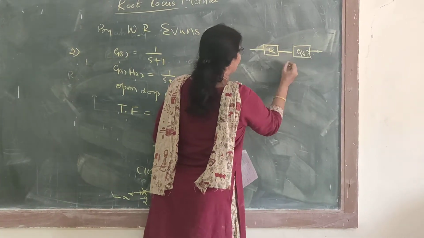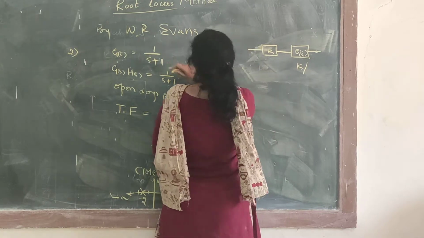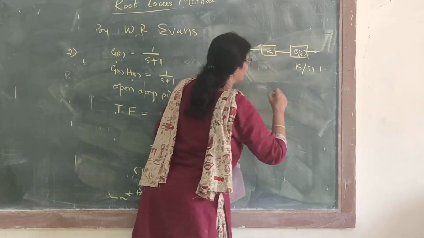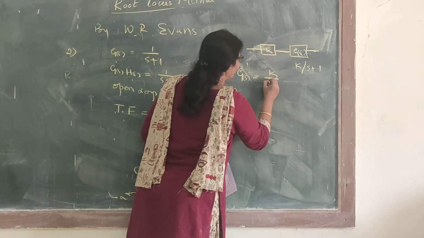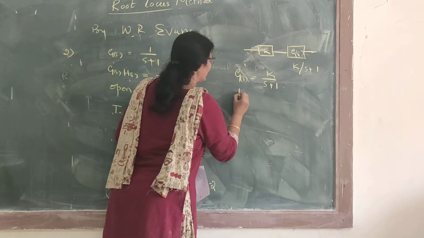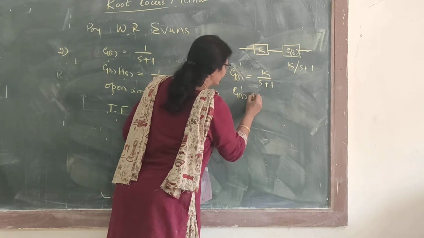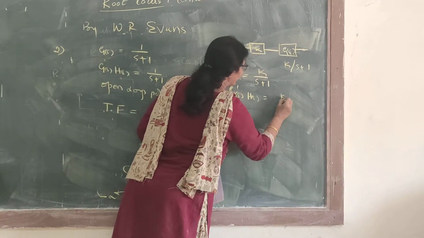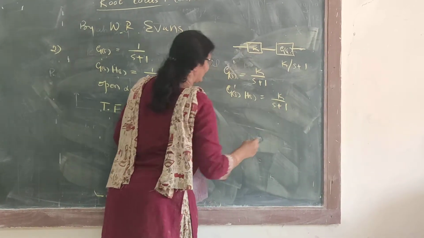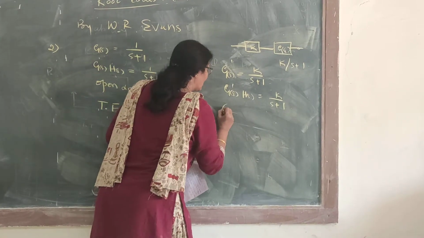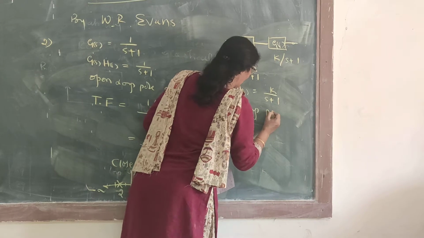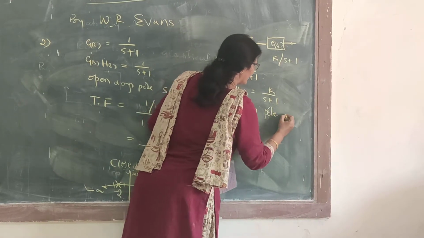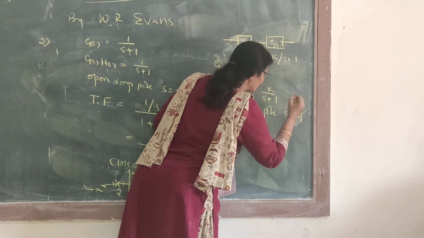Thus the overall gain is k divided by s plus 1. Now G(s) dash is k divided by s plus 1. Accordingly, the open loop transfer function is k divided by s plus 1, and the open loop pole is at s equal to minus 1.